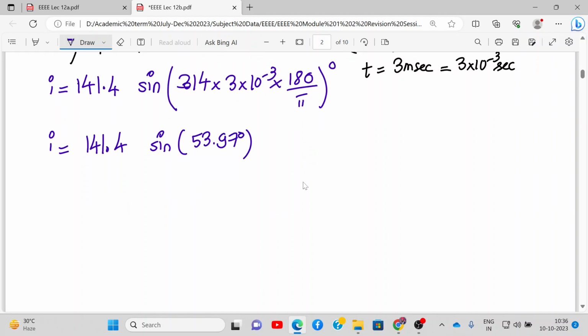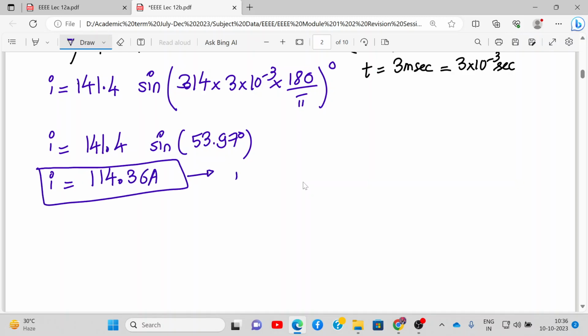Okay. So here if you calculate the value of sine of 53.97, you will get the answer as 114.36 amperes. So this is the instantaneous value of I when t is equal to 3 millisecond.